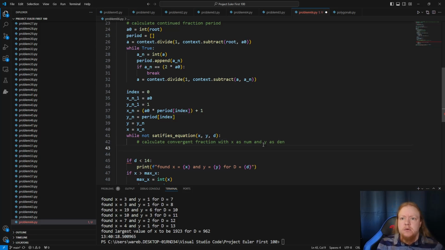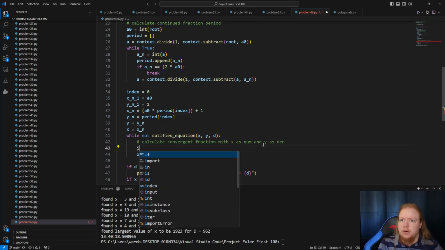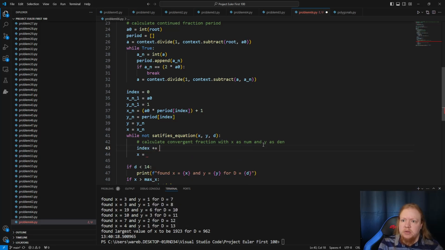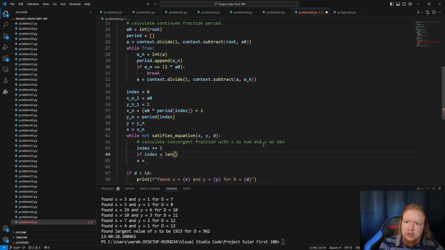So now x is going to end up being, actually index plus equals 1, and if index equals the length of period, index equals 0. This should be a double equal sign.